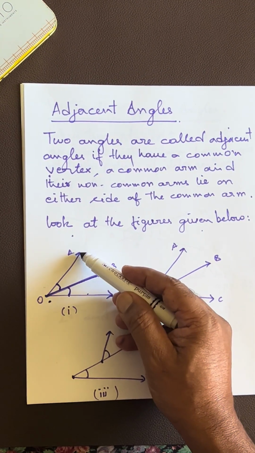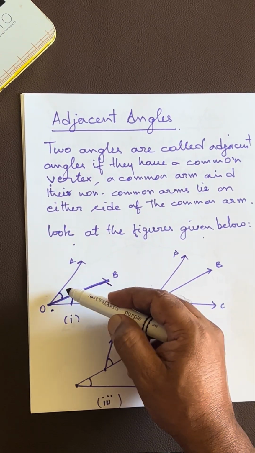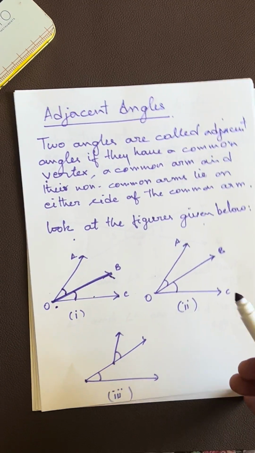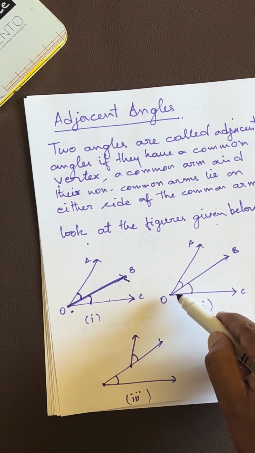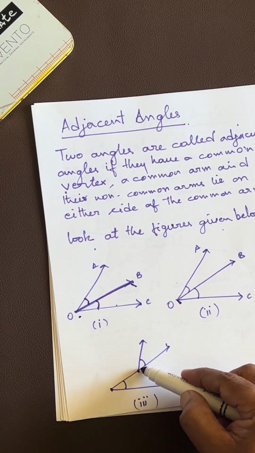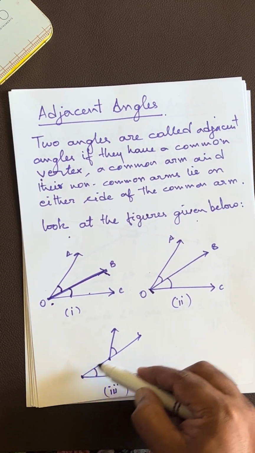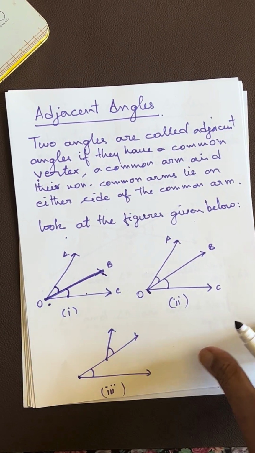That means these are non-common arms, they are on either side of the common arm. So these two angles are called adjacent angles, same as in figure 2, because they both have a common vertex. Here, this is one angle, this is another angle, but two different vertices are there, so they are not adjacent angles.